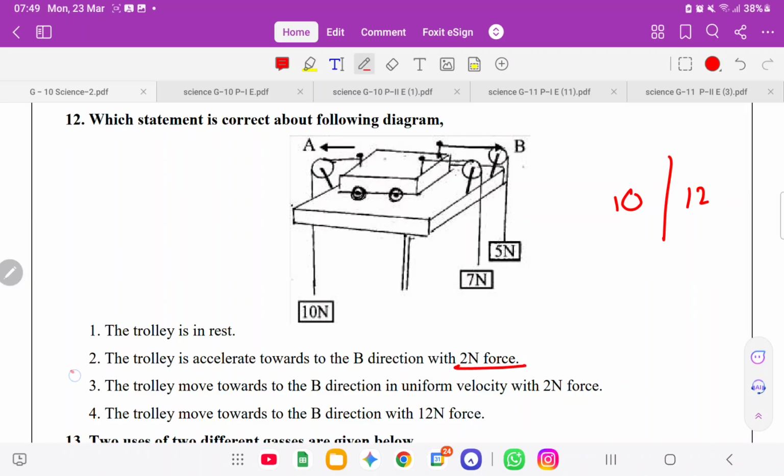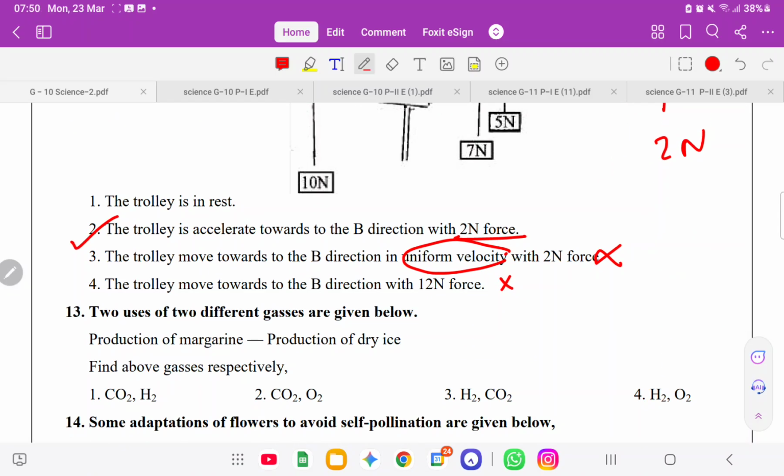Yeah, that's correct. Third one: the trolley moves towards the B direction with uniform velocity with 2 N force. No, not uniform velocity, right? That's wrong. Fourth one: the trolley moves towards the B direction with 12 Newton force. That's also wrong, because the resultant force is 2 Newton.